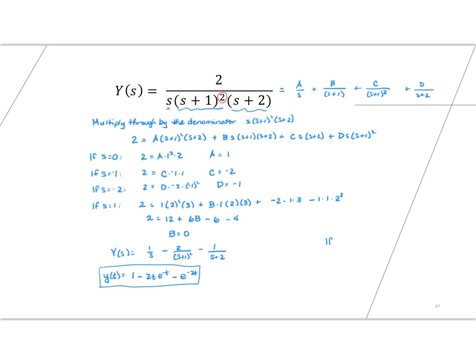Now, if you have something on the top, and then you have something like s squared plus 3s plus 55, I don't know, something not factorable, in this case you would have your A over your whatevers.